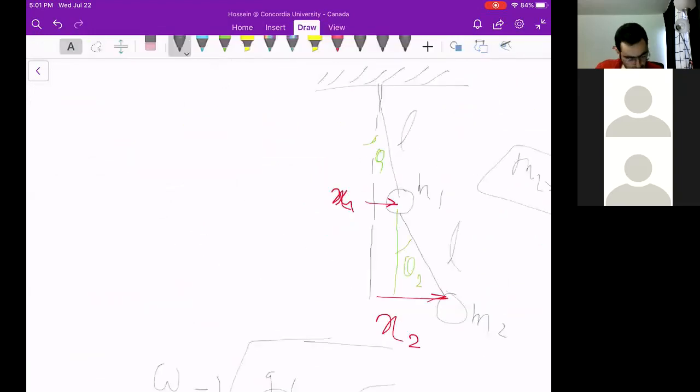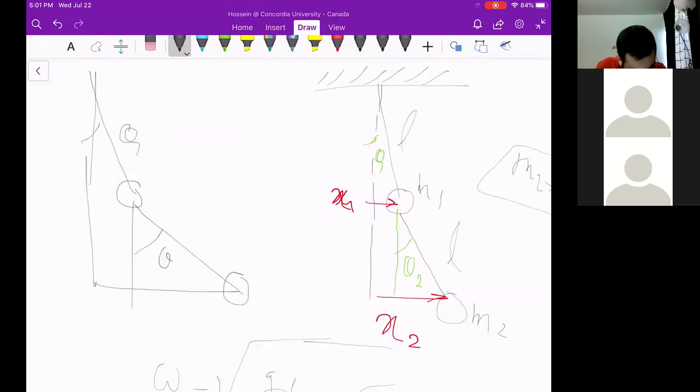We know how to easily relate x and theta. Here we have x1, and I just magnify this theta 1 and theta 2. You know that this length x1 is simply L theta 1. This is L, and also this is x2.